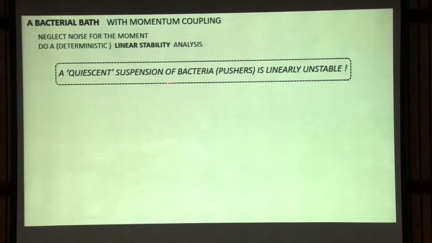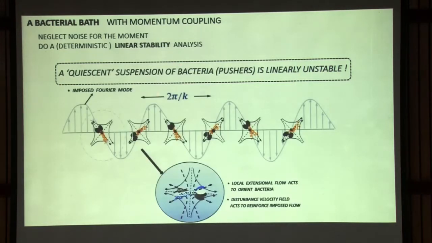So you find that a suspension of bacteria is linearly unstable when they are pushers. The physical mechanism is not difficult to see. In the linear stability analysis, you impose a Fourier mode of velocity. When you have a velocity wave, the bacteria are rotated by the back velocity wave, and they align along the local extensional axis. The extensional axis switches directions as you go around.